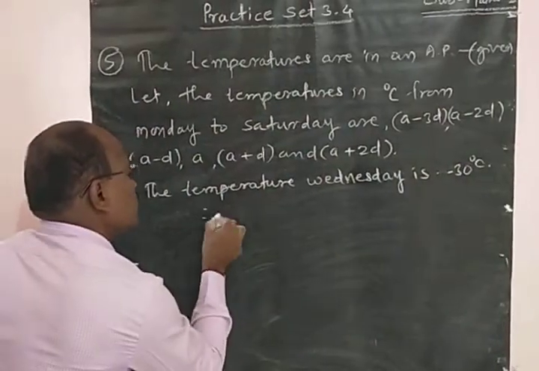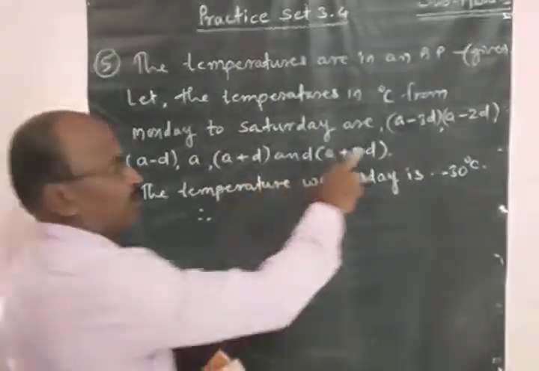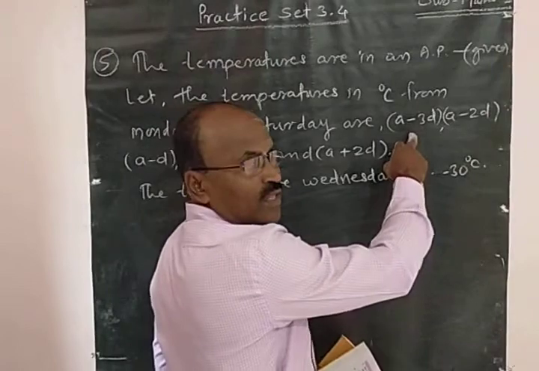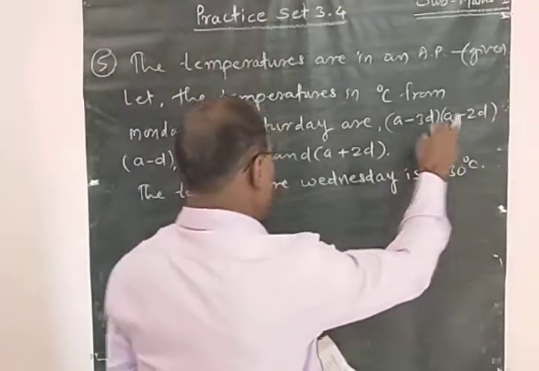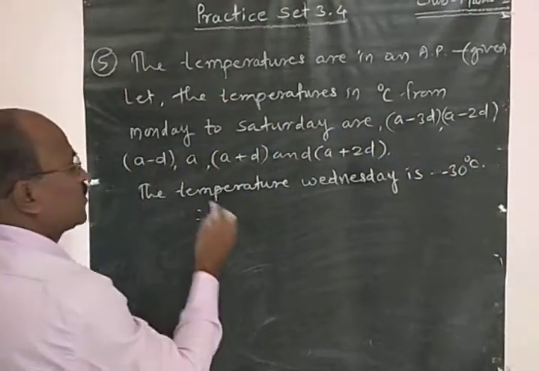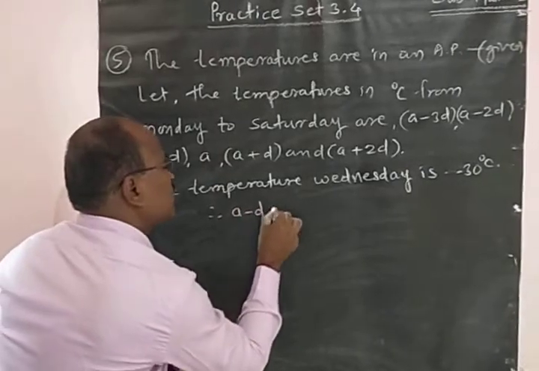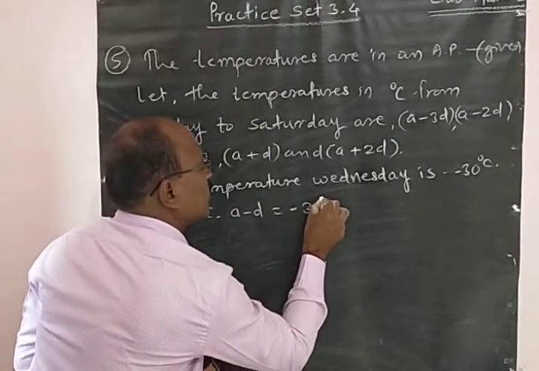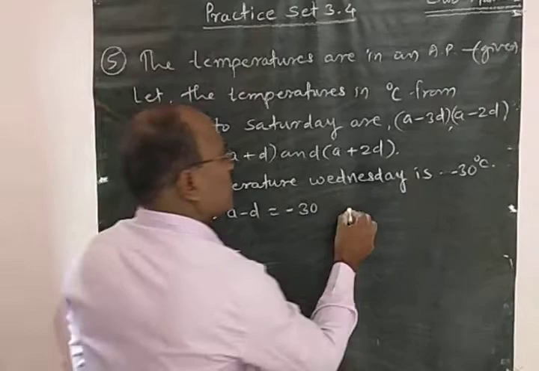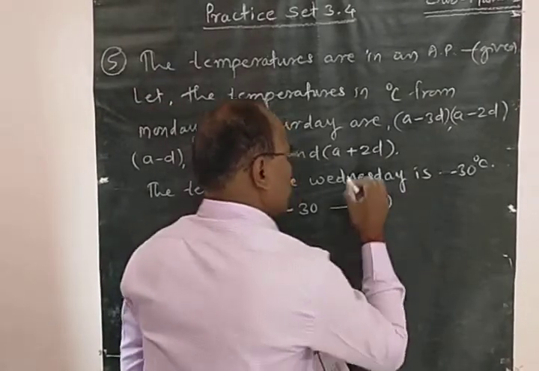Therefore, a minus d is equal to minus 30. Say this as equation number 1.